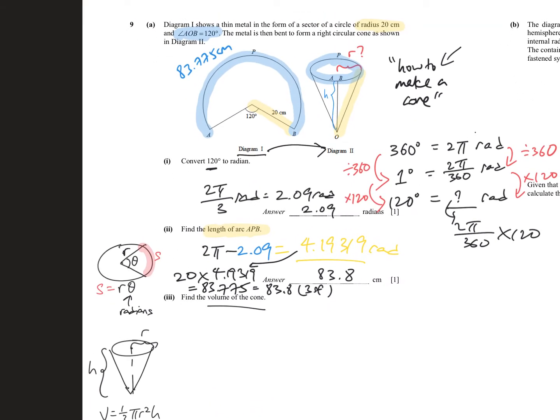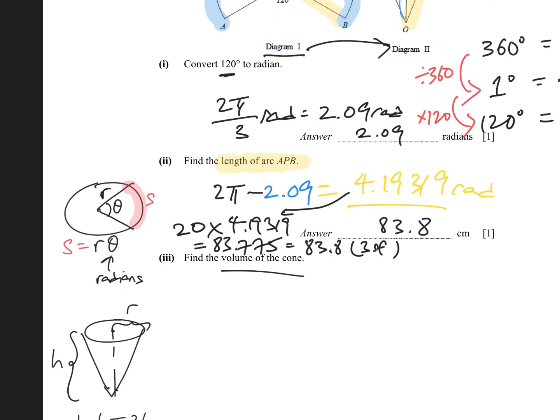Let's try to find this r first. Okay, let's think about it. We have the slant height. Oh wait, hold on. What we can do is, because we already know that this whole length is 83.775 cm, that means the circumference of this circle is the same. It's 83.775 cm.